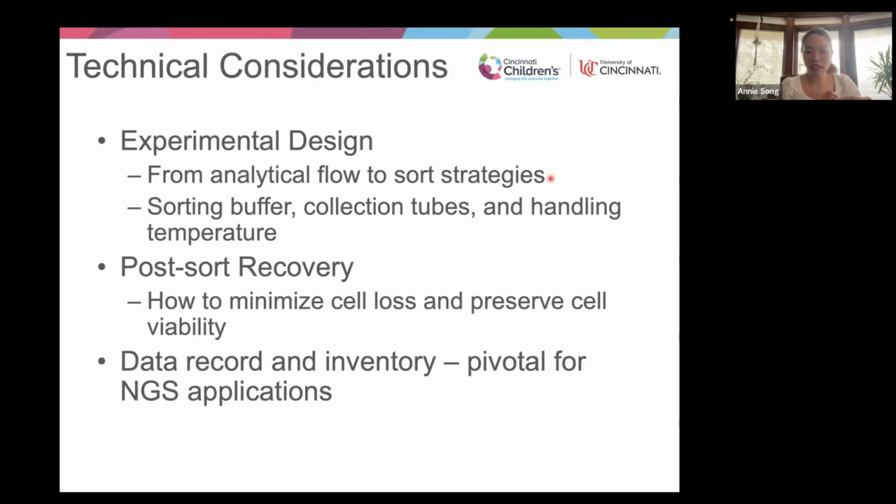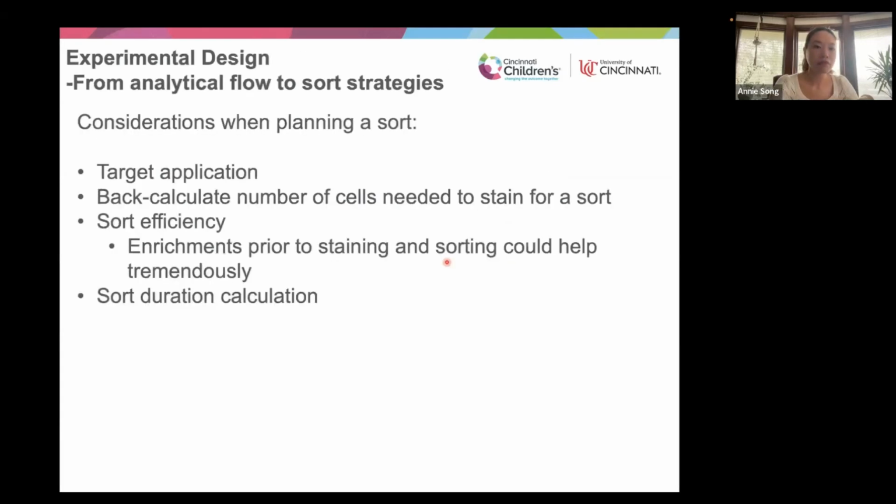And then finally, if you're doing NGS applications, the data record and inventory becomes very pivotal because these experiments usually stretch for a pretty long time. So I'll talk a little bit about some of the experiences and tips that I have learned and adapted along the way in the last few years.